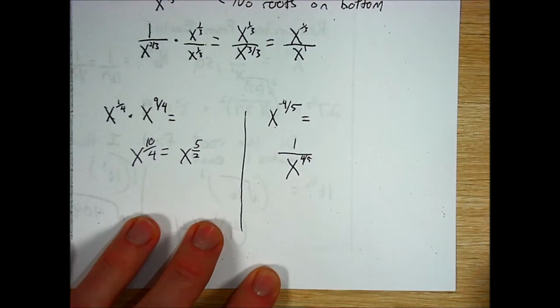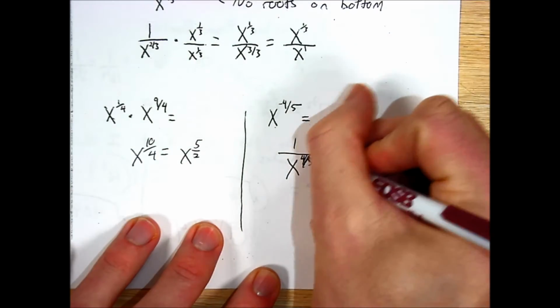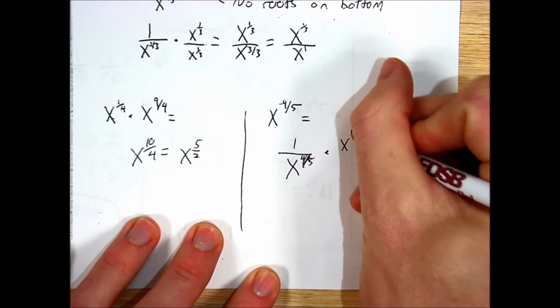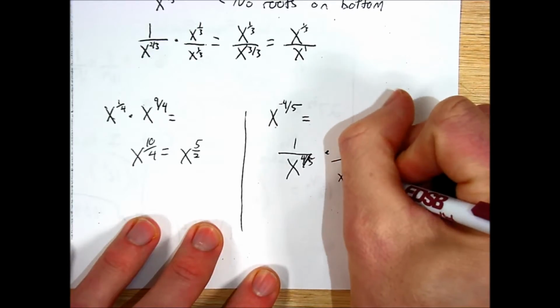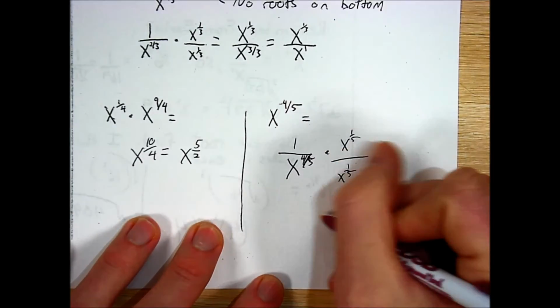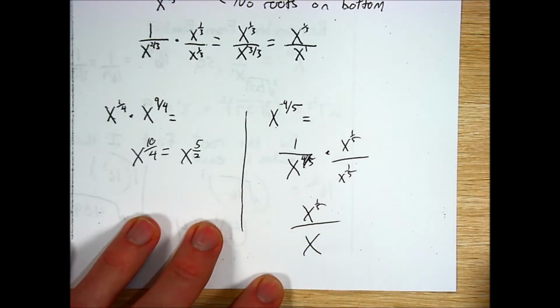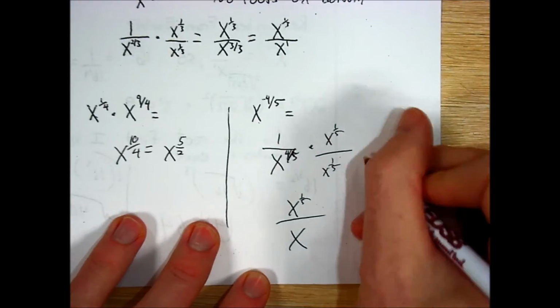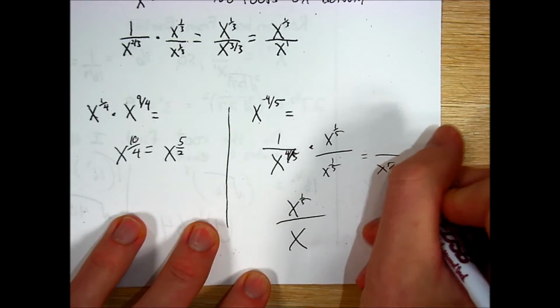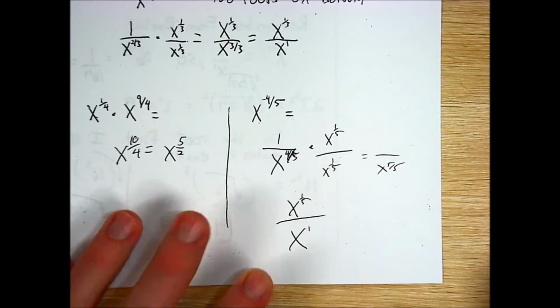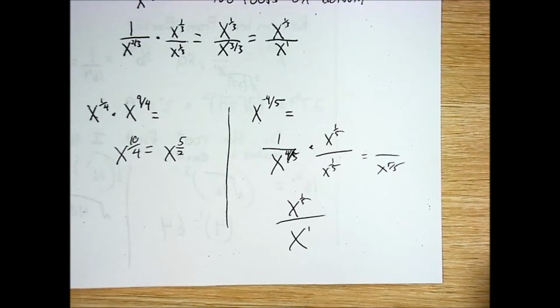Okay, what fraction am I missing? I'm missing 1/5. So times x to the 1/5, and we'll get x to the 1/5 over x to the 5/5, which is x to the first. Hanging in there? Good.